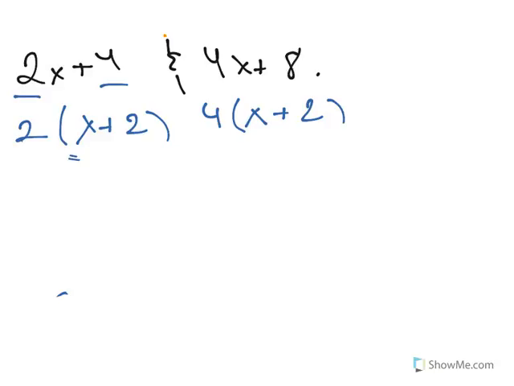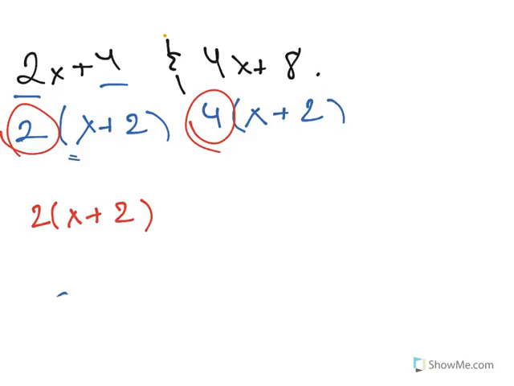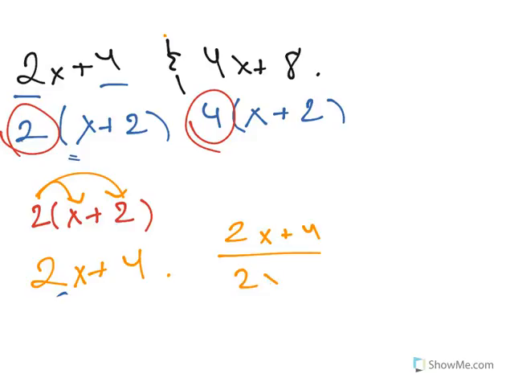Now we can see that 2 and 4 actually have a common factor of 2. So the common factor of 2x plus 4 and 4x plus 8 is actually 2 times x plus 2. And if we distribute, we see that this is just equal to 2x plus 4. So 2x plus 4 over 2x plus 4 is equal to 1.